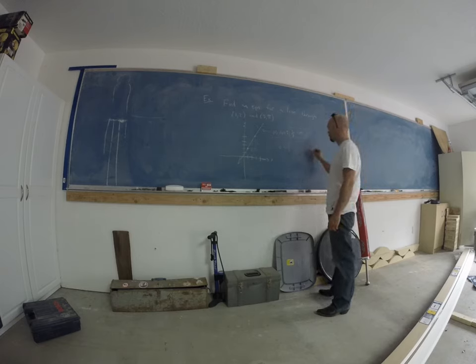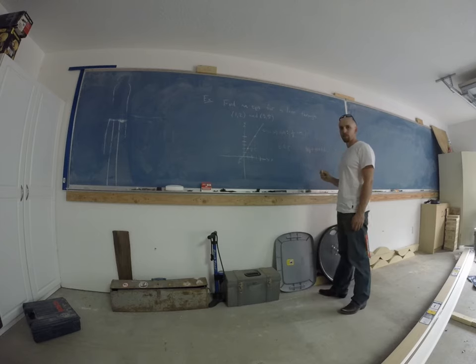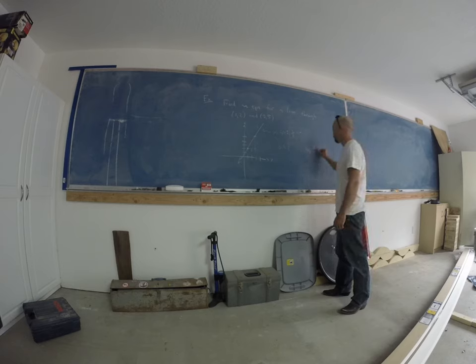So lines look like y, or f of x maybe, is mx plus b. Okay, what do I know about mx plus b? Well, I can take the m out and replace it with 3 halves.